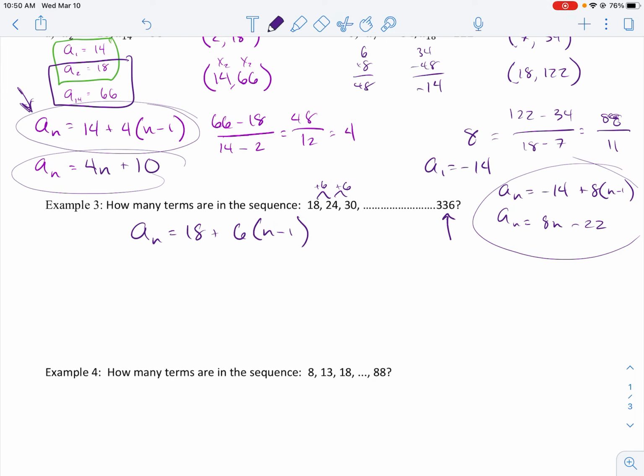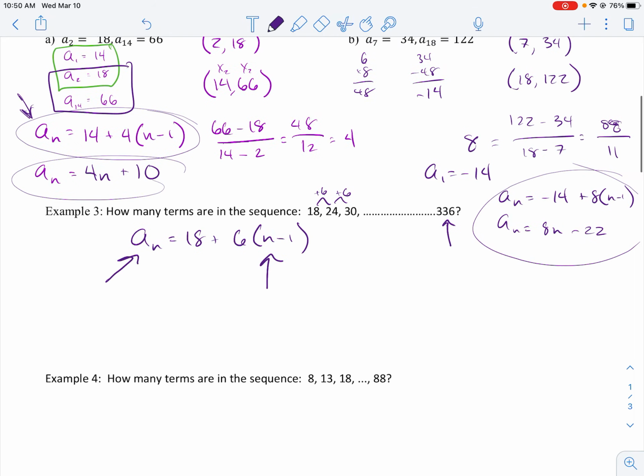Now, we don't know what term 336 is, but we do know that if we knew the exact term 336 was, we would plug that in for n and get 336 for a sub n here. But we don't know what term 336 is. So we're just going to substitute this in here.